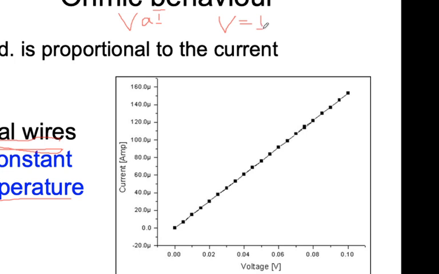So Ohm's law means we have to ensure that we have ohmic behavior in order to use it. And you'll see we get this nice perfectly straight line, this direct proportionality between voltage and current.